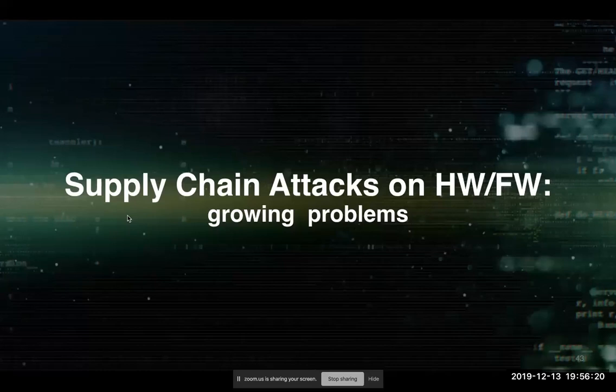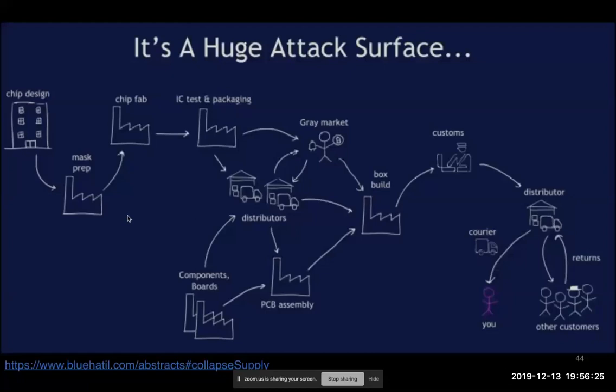Supply chain attacks on hardware and firmware are a growing problem. Think about the attack surface, it's huge, because as I mentioned before, you don't get all the hardware for your data center from one place. This very nice picture from Bunny's presentation at the last BlueHat Israel shows in a very natural way how the problems can appear.